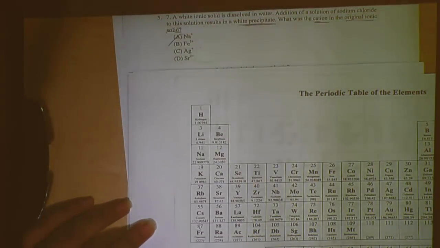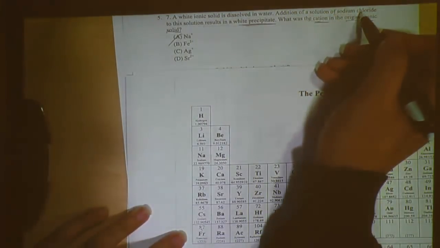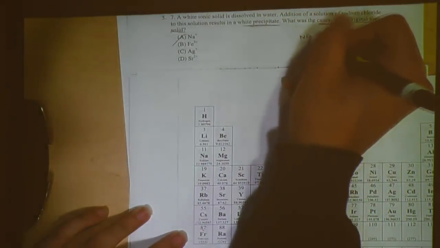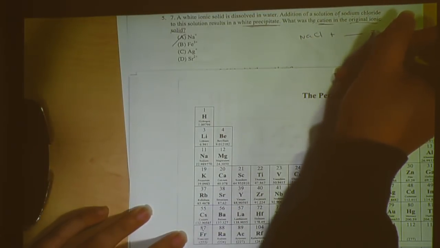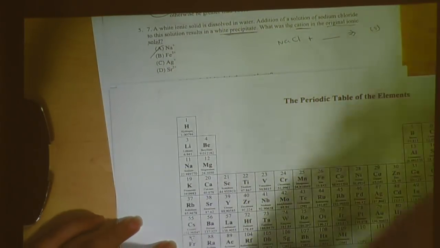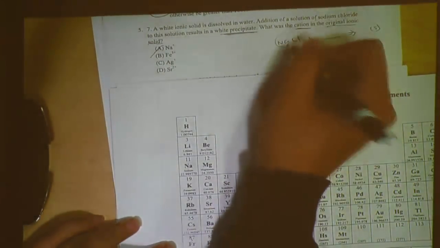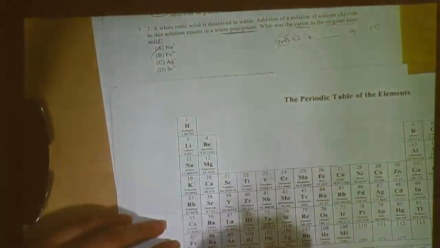Right? And if you remember solubility rules, it says sodium chloride, so NaCl plus something will give you something that is solid, which precipitates. So it's something that is not Na. So this one is eliminated.